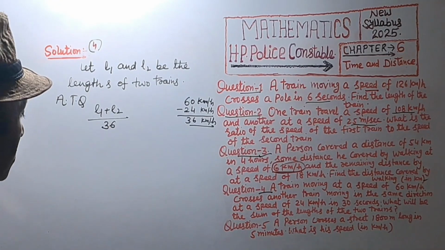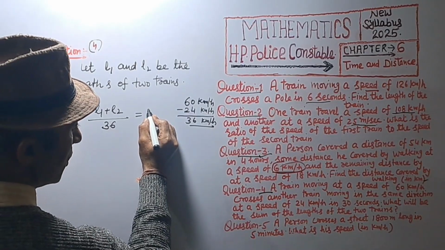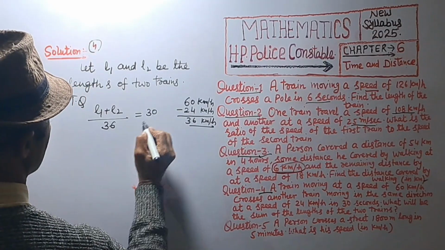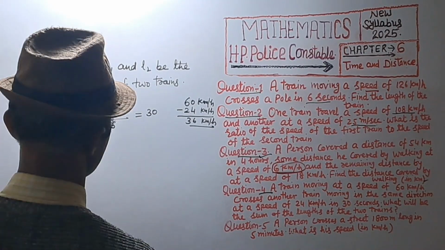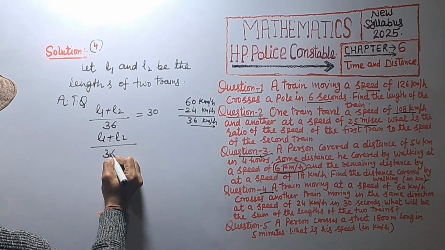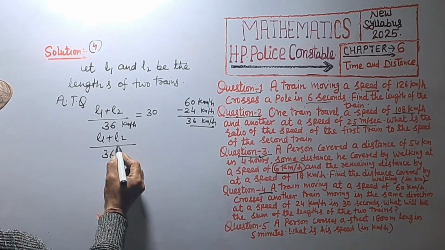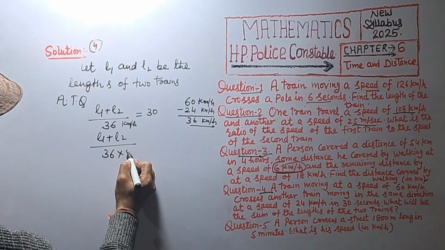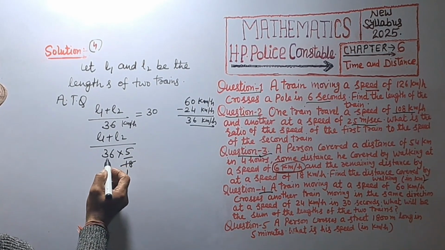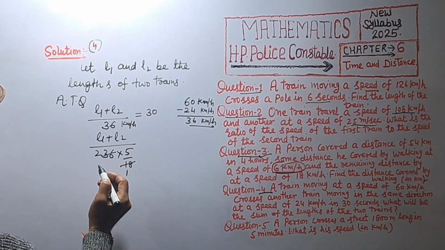36 km per hour is equal to 30 seconds. So L1 plus L2 upon 36 km per hour. 36 multiplied by 5 upon 18. 18 ones are 18, 18 twos are 36.